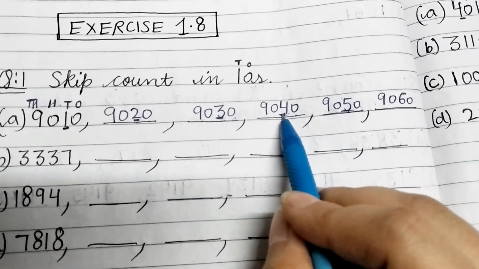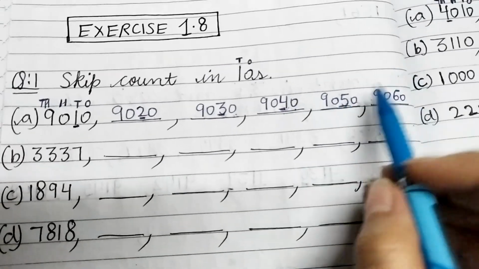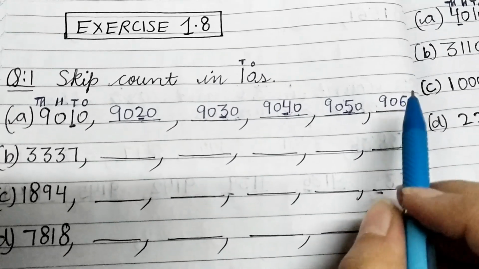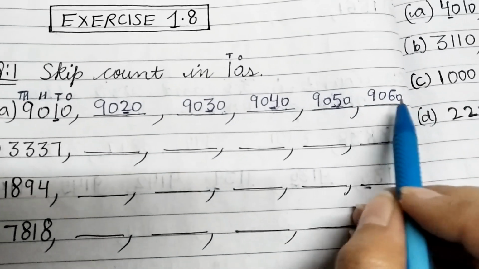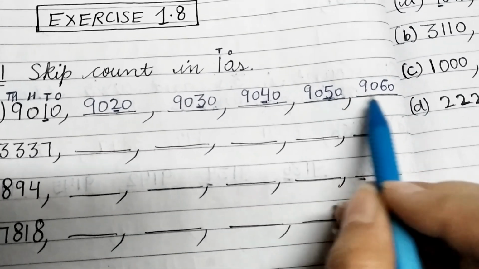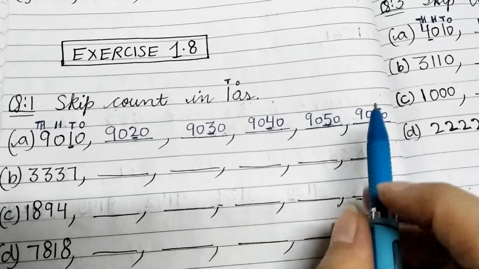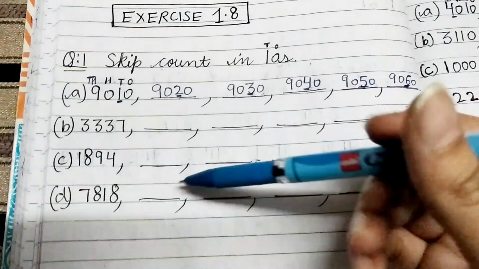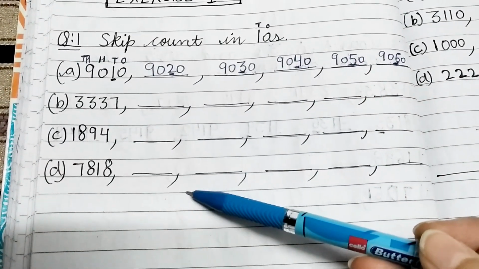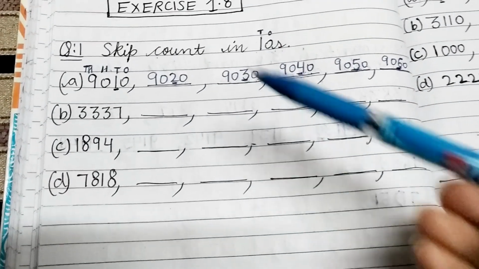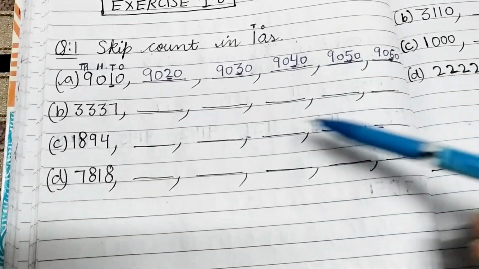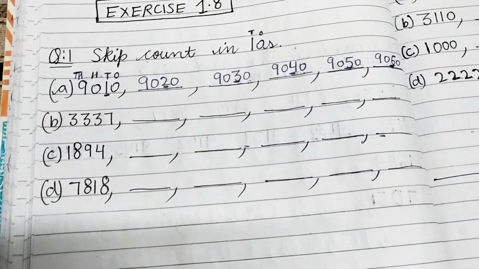I have only increased the tens digit by 1. Now last blank, again which number will come? 9060. Again increase this digit 5 by 1. So answer is 9060. I hope you have understood. So you will try B, C and D parts on your own. You will skip count in tens and you will fill in the missing numbers.